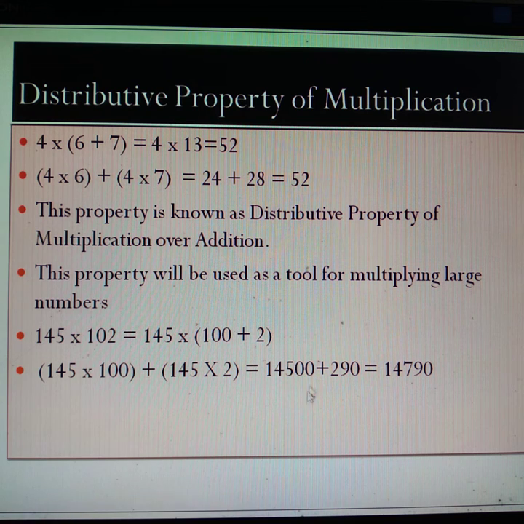Now this sign as it is, and 145 multiplied by 2, that is double of 145, is equal to 290. So we add 14500 plus 290 is equal to 14790. In this way we can use these properties in different situations.